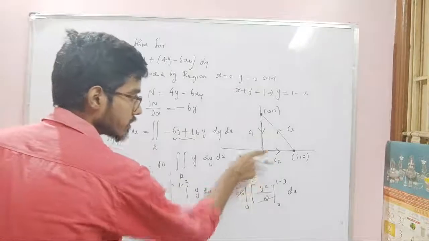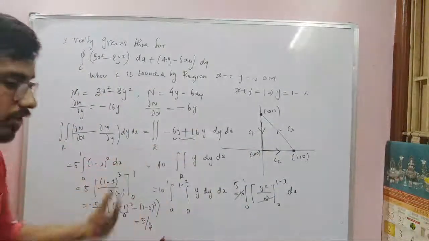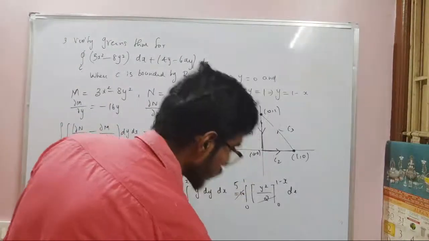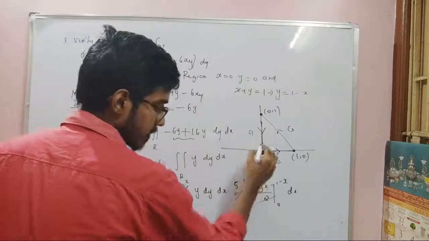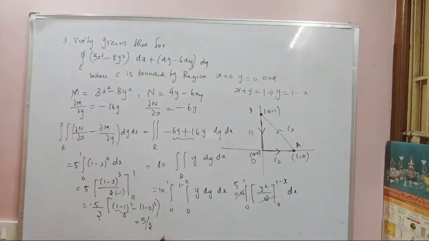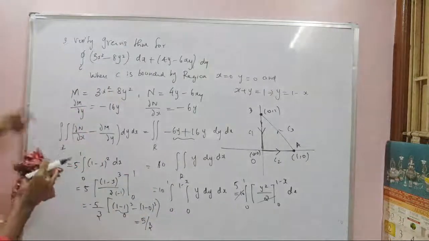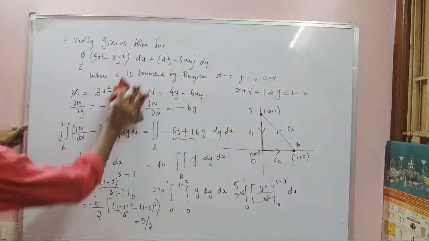For C2, y is 0 and x varies from 0 to 1. And for C3 we need to evaluate. Let us say this is O, this is A, this is B. So we have finished the first part, which is the LHS. The answer is 5 by 3.